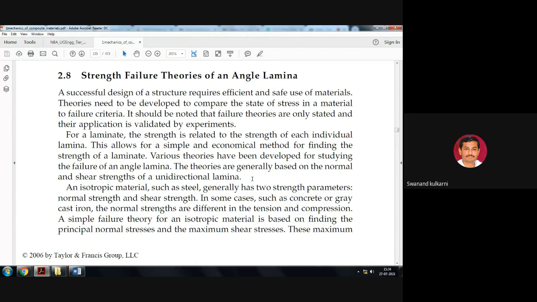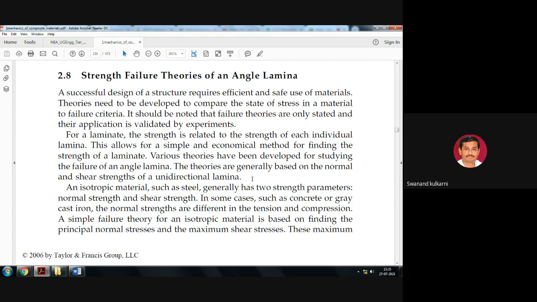First order shear deformation theory, higher order shear deformation theory, and classical plate theories are used in case of composite material. However, we should go step by step for these kinds of theories.